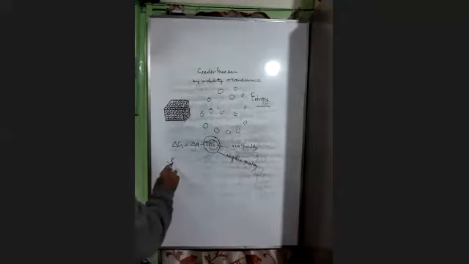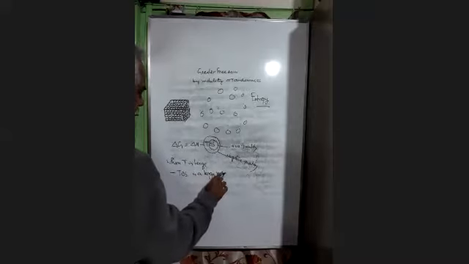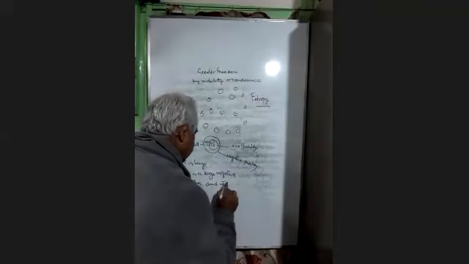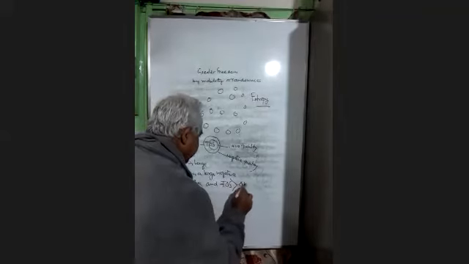So when T is large, T into delta S is a large negative. Then what is delta H? Delta H is the amount of energy required to break. So T into delta S becomes more than delta H.